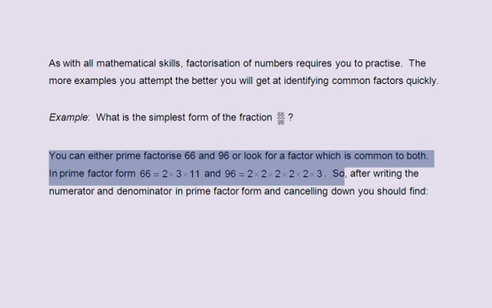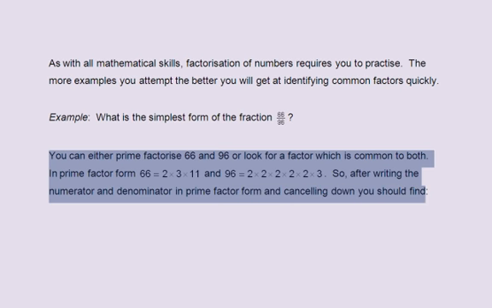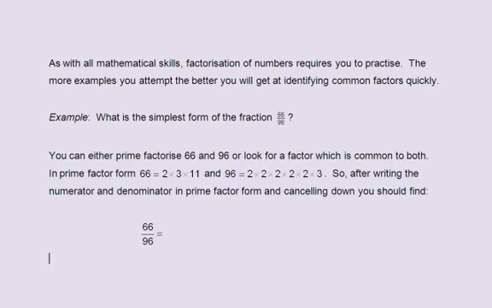So, after writing the numerator and denominator in prime factor form and cancelling down, you should find that 66 over 96 equals 2 multiplied by 3 multiplied by 11 divided by 2 multiplied by 2 multiplied by 2 multiplied by 2 multiplied by 2 multiplied by 3.